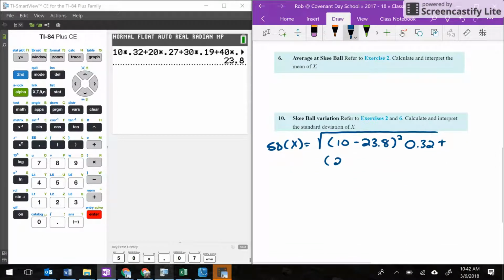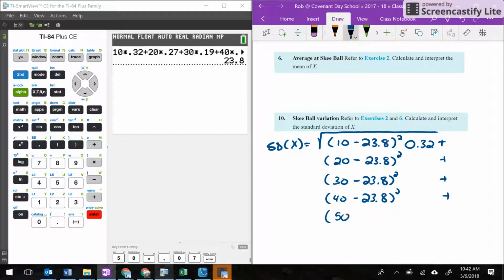Plus, I'm just going to keep doing the same thing, 20 minus 23.8 squared, 30 minus 23.8 squared, 40 minus 23.8 squared, and 50 minus 23.8 squared.